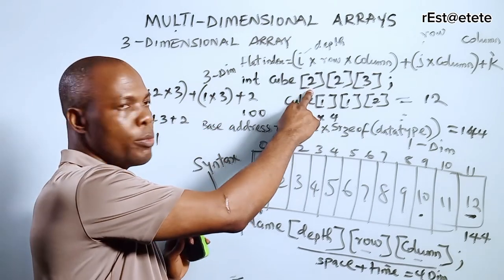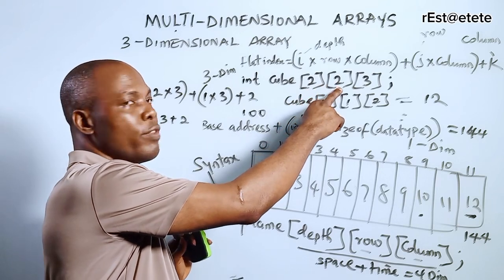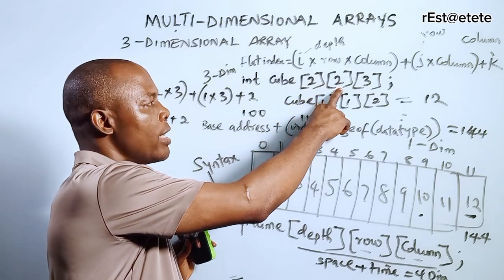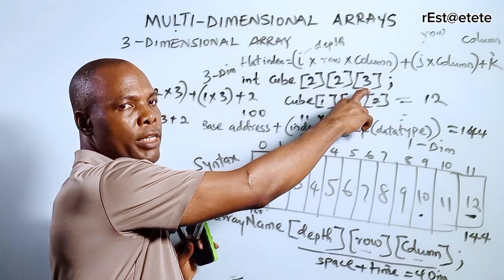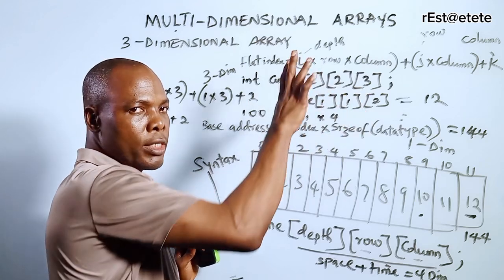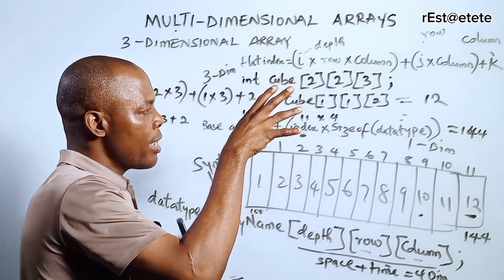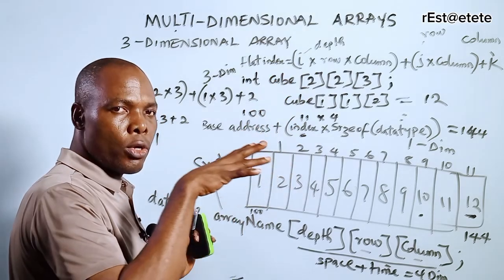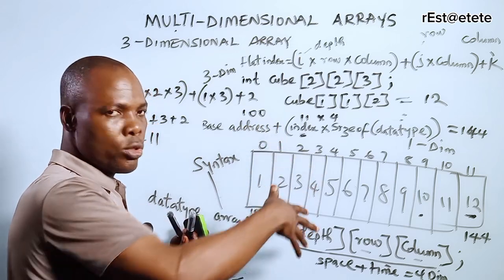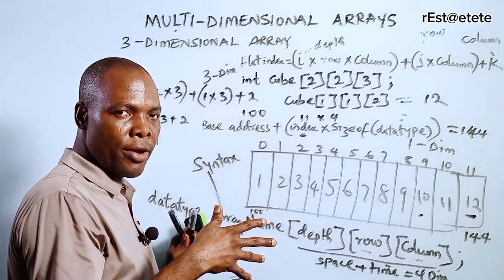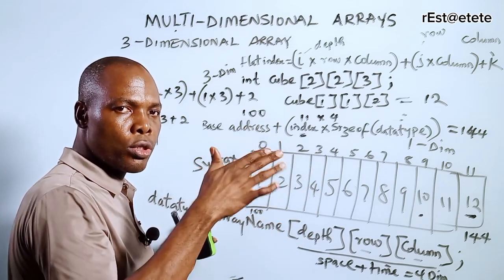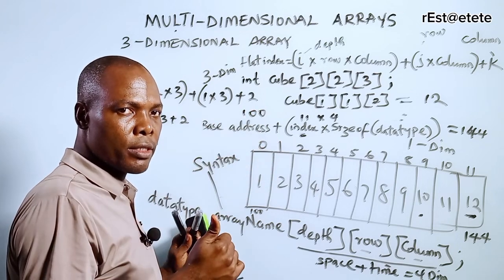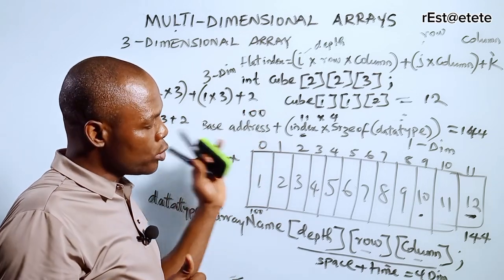Each floor has 2 flats, and each flat has 3 rooms. Just think about it that way, and then you can locate any value in any of these places. Libraries use this concept of three-dimensional array for you to trace books on the library shelves. So that is what I want to show you in this class.